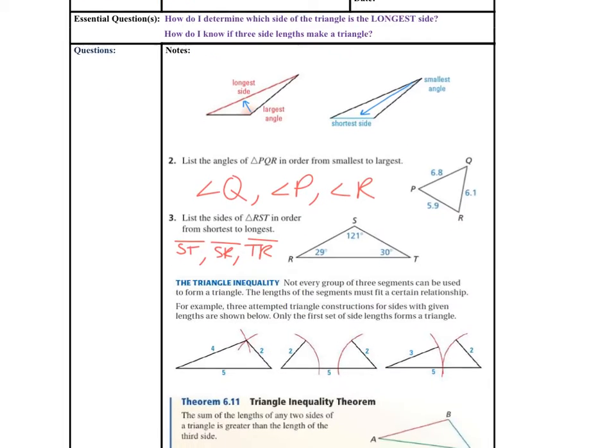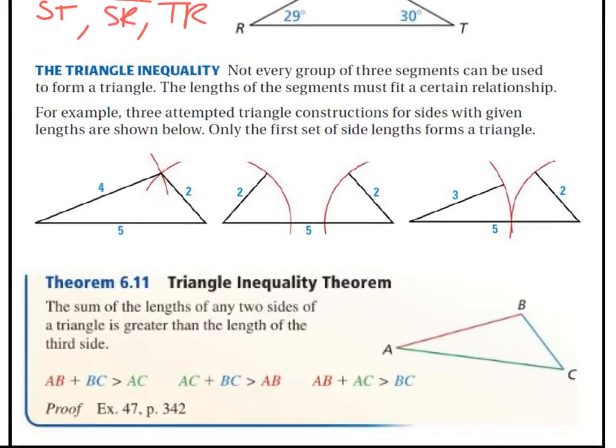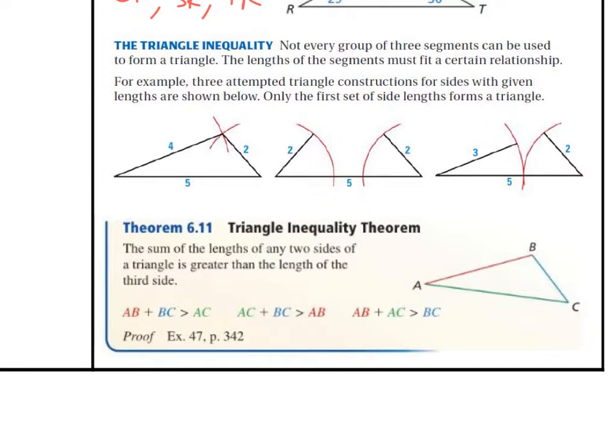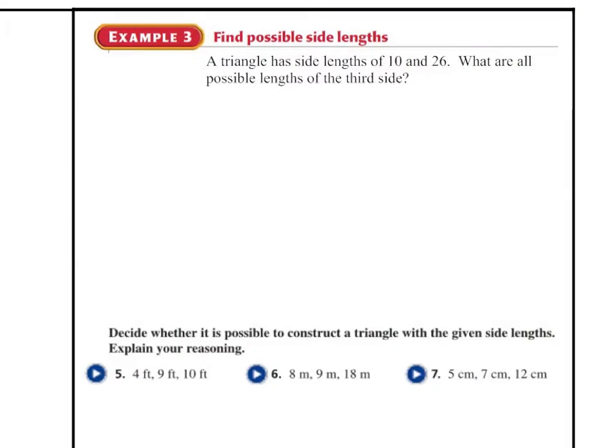Now, this is the part that I like. We're going to do some demonstration on the triangle inequality theorem. A triangle has side lengths of 10 and 6. What are all the possible lengths of the third side? We know that two sides always have to add up to be longer than the third.